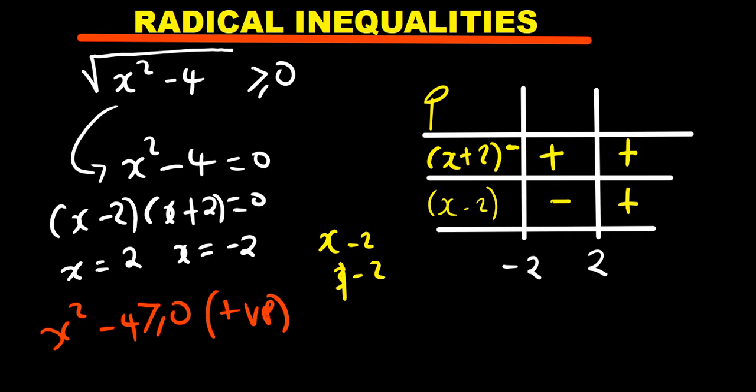So now we're trying to find the product of the two. A negative and a negative will give a positive when you multiply them. A positive and a negative will give a negative. A positive and a positive will give a positive.